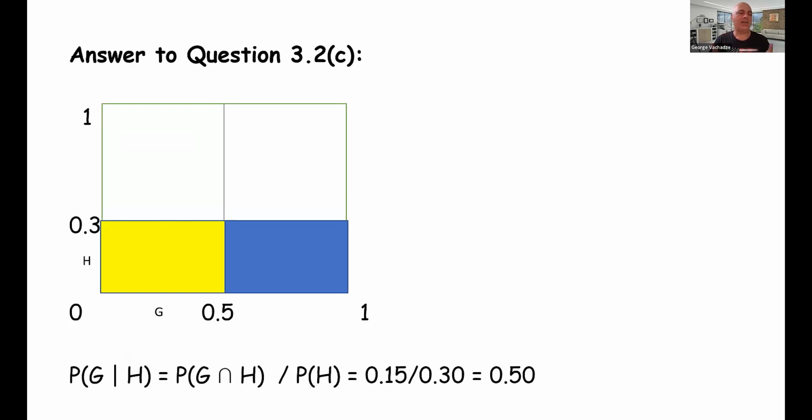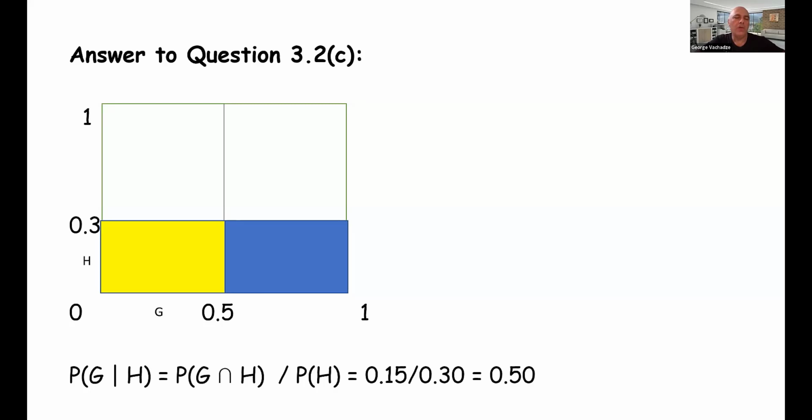So we are basically asked, if the student falls into two rectangles, yellow and blue, what is the relative measure of the G area? So this relative measure would be the intersection, which is the yellow area, divided by the total area, which is yellow plus blue.